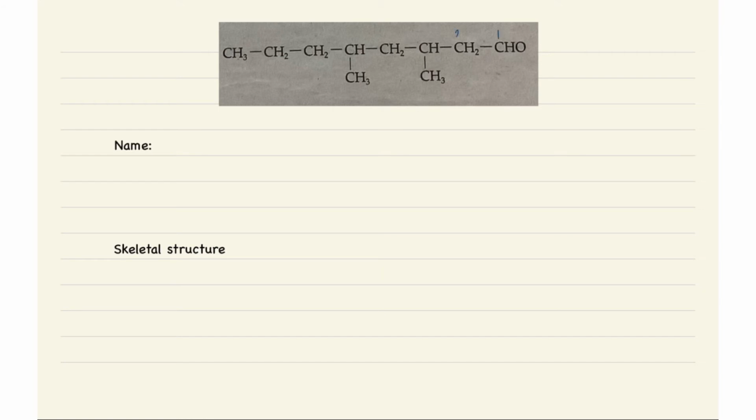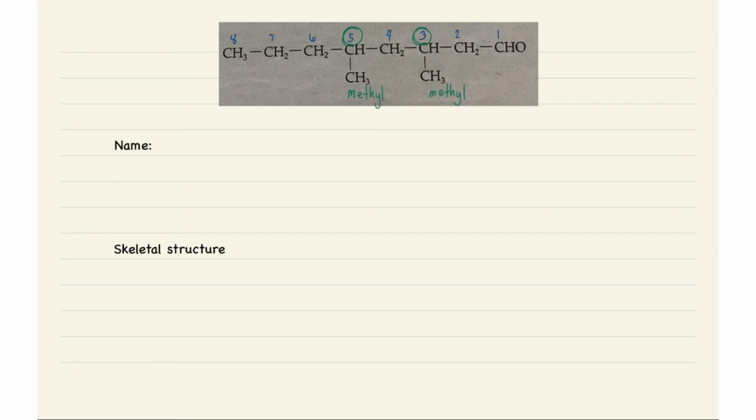So we have 1, 2, 3, 4, 5, 6, 7, and 8. So after that one, pwede na natin siyang i-locate yung ating alkyl group. So ang ating alkyl group is located at carbon number 3, carbon number 5. Okay, carbon number 3, we have methyl. Okay, carbon number 5, we also have here methyl.